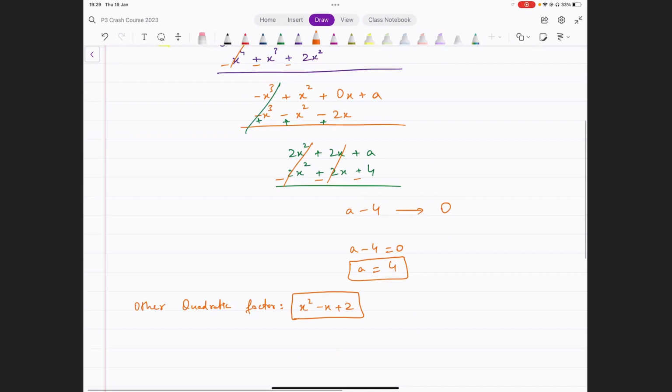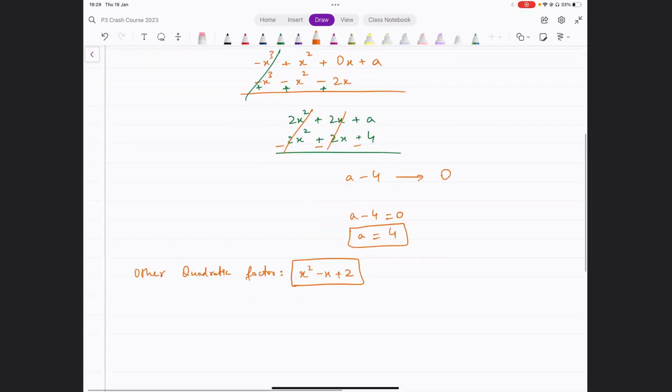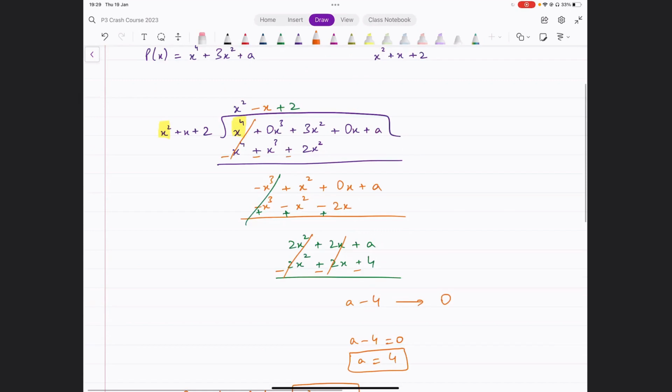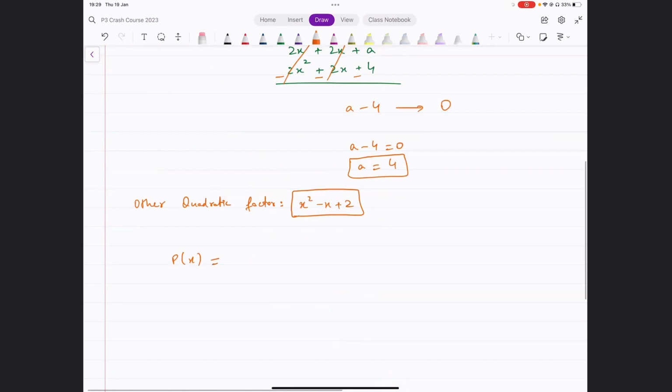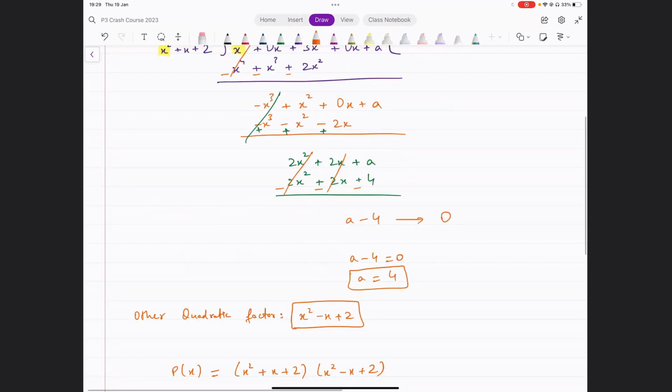Makes sense? So if we had to factorize this polynomial, p of x, the factorized form of that polynomial would be x squared plus x plus 2 into x squared minus x plus 2. This is the factorized form of that polynomial.